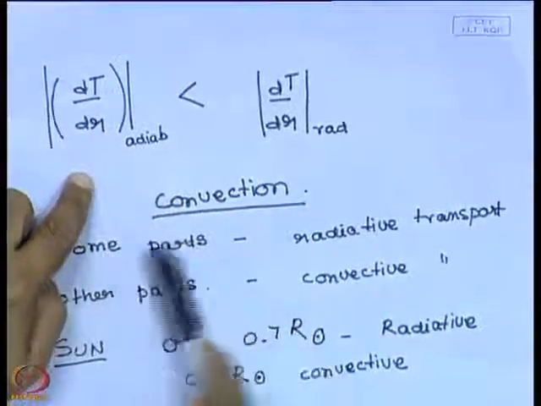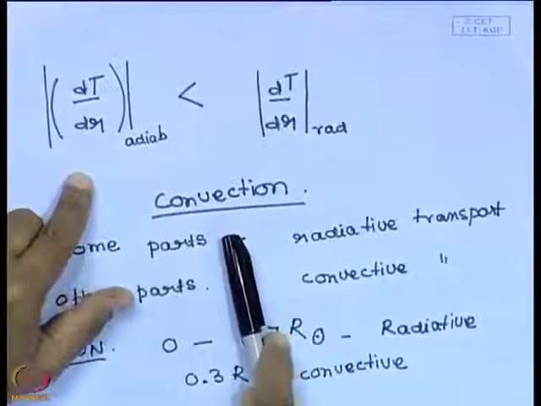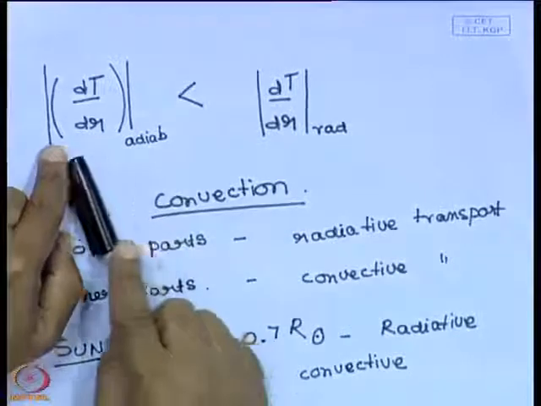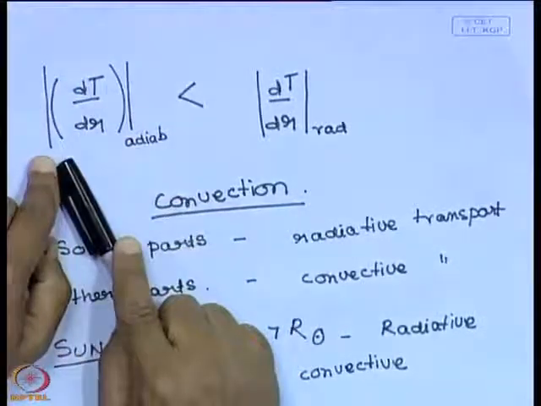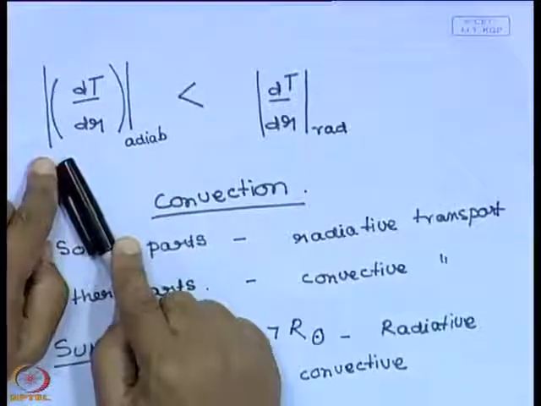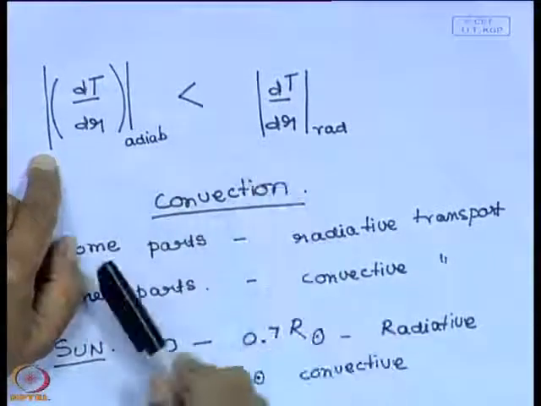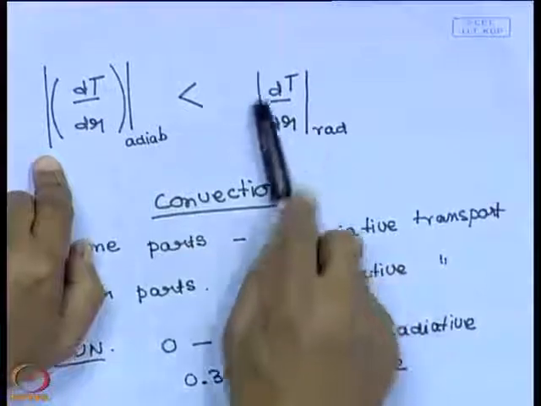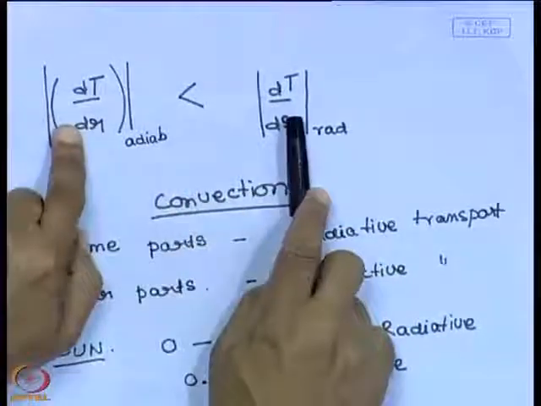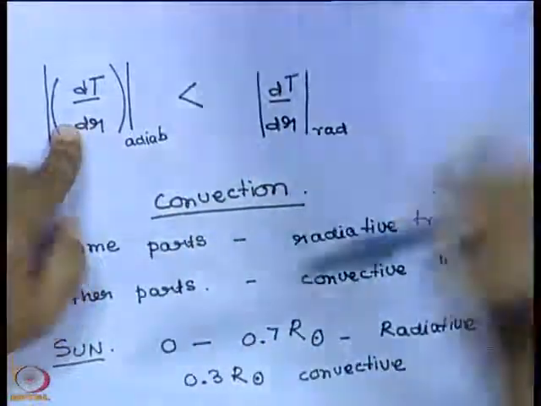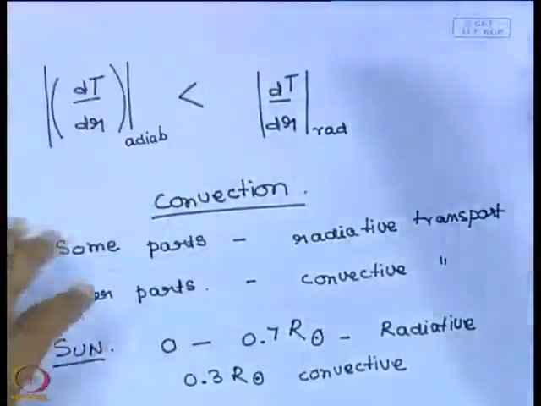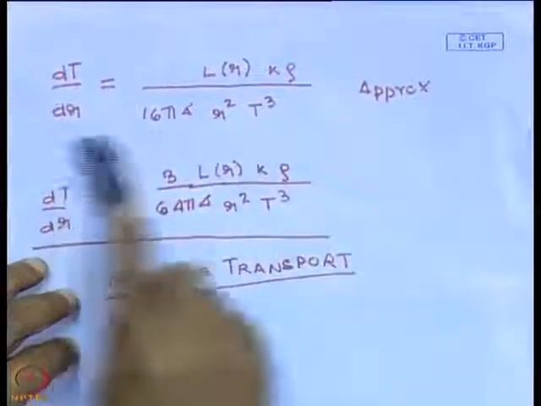So, convection is a very efficient energy transport mechanism. The moment you have convection, the temperature gradient does not exceed this value. So, the bottom line of this discussion is that when the temperature gradient due to radiative transport is less than this value, you have the temperature gradient given by this.